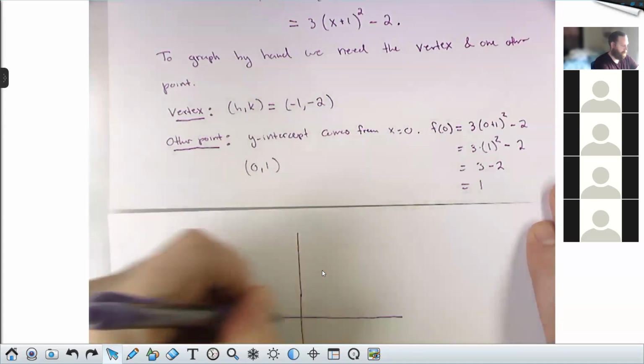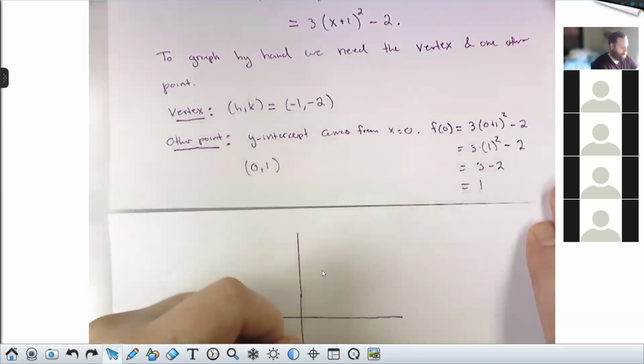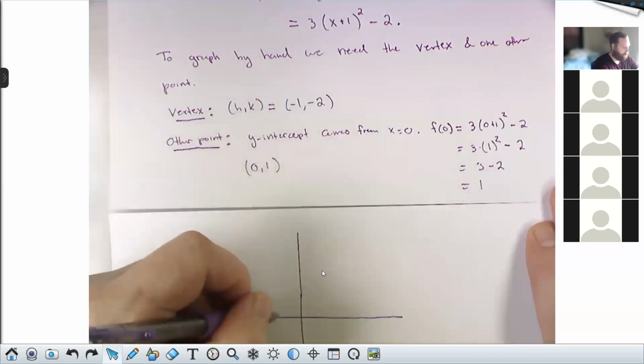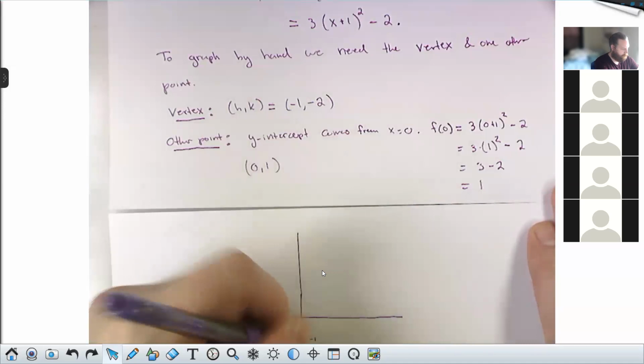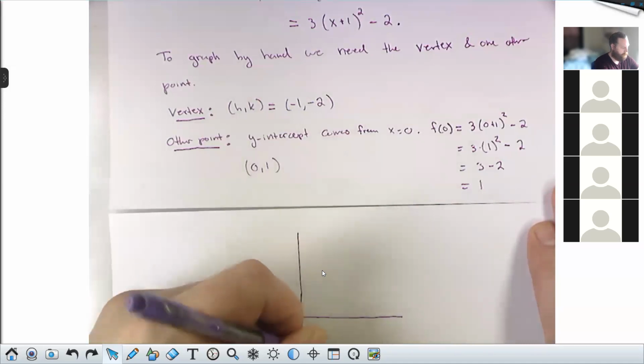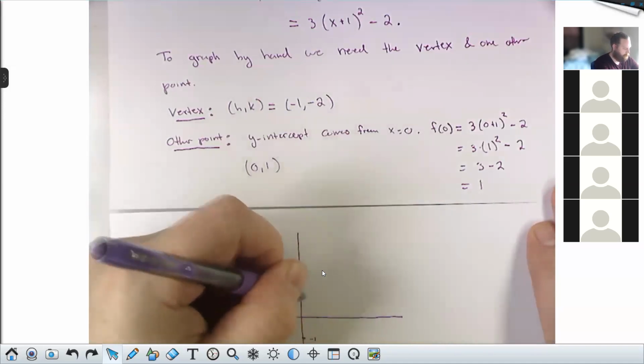The y-intercept is at 0, 1. So let's do it like this. I'll call this -1, -2, and 0, 1.